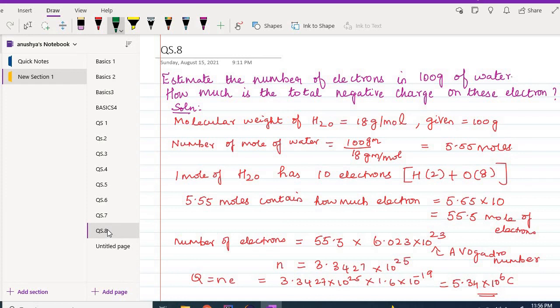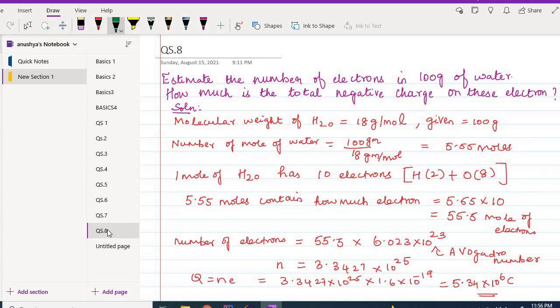Then you multiply by the constant 6.023 into 10 to the 23, the Avogadro constant, and you will get the number of electrons.